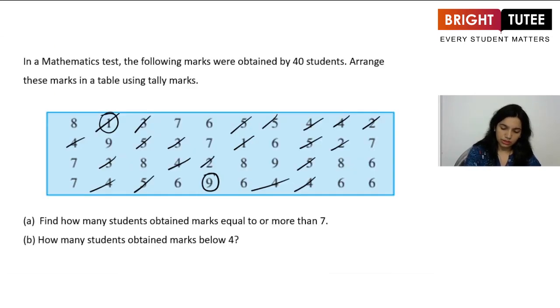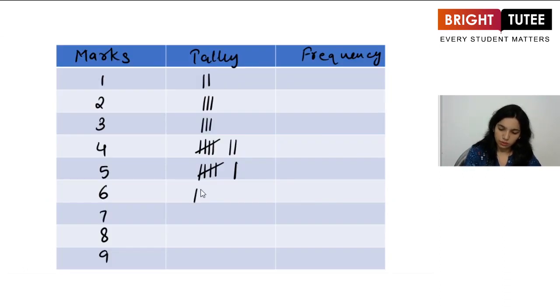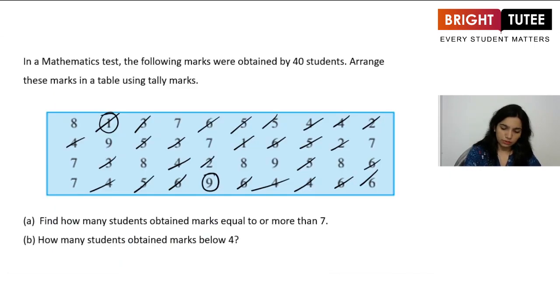Now 6 is coming. 1, 2, 3, 4, 5, 6, 7 times. So let us mark it here. Now let us see for 7. It is 1, 2, 3, 4, 5 times.